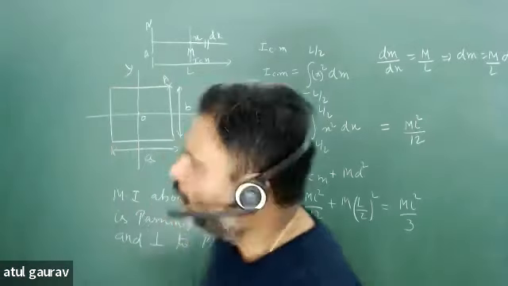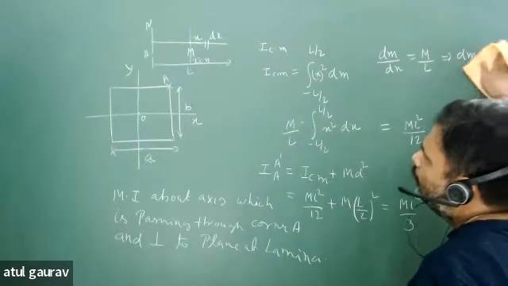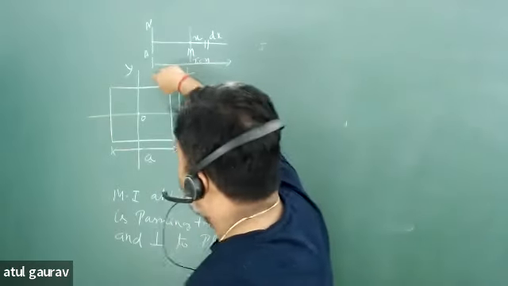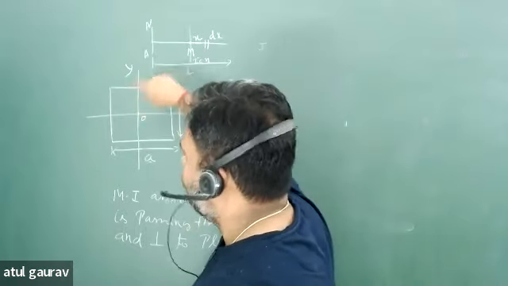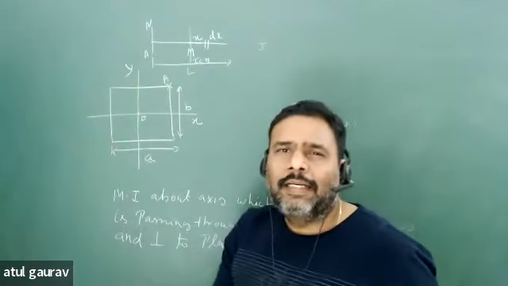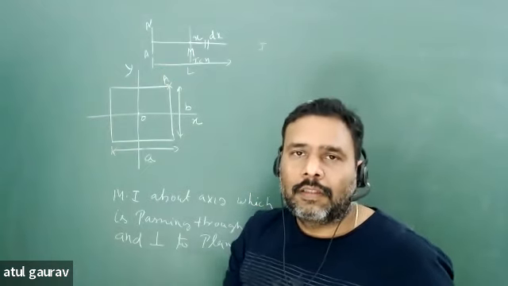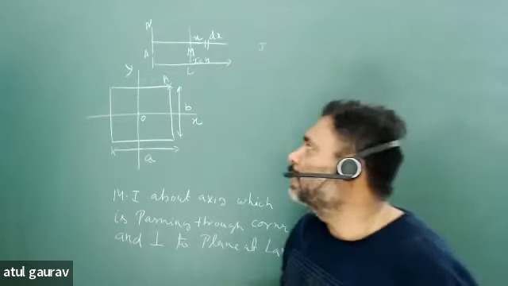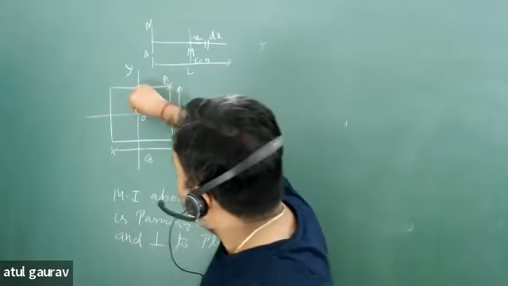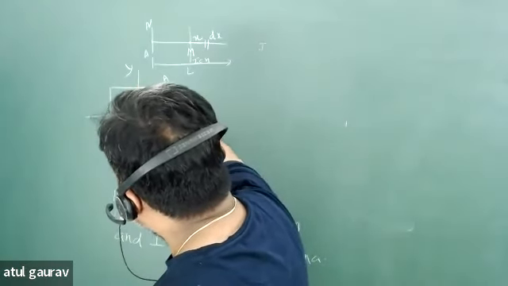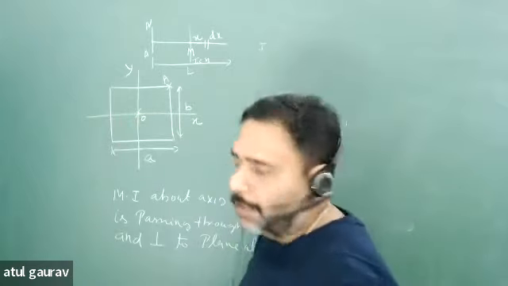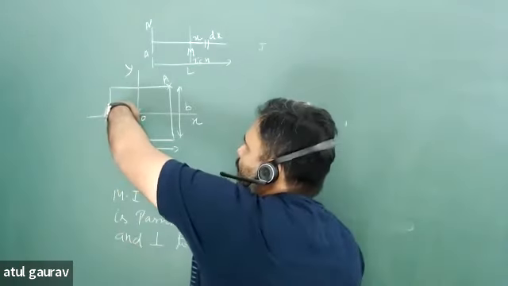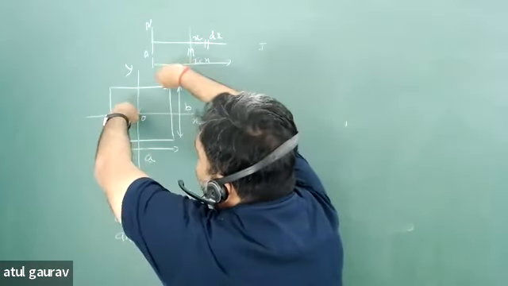Now, let's try to calculate this one. So, what is the idea? If you want to calculate directly about this axis, and you take some elemental mass dm, then you will get trapped in unnecessary calculation. So, what we can do, we can make a trick. If somehow we can find the moment of inertia about the center of mass, which is at the center of this particular lamina, and which is perpendicular to this axis, then we can easily use the parallel axis theorem.